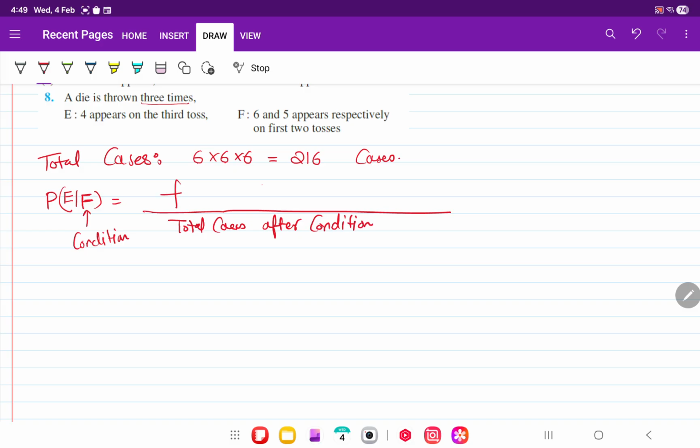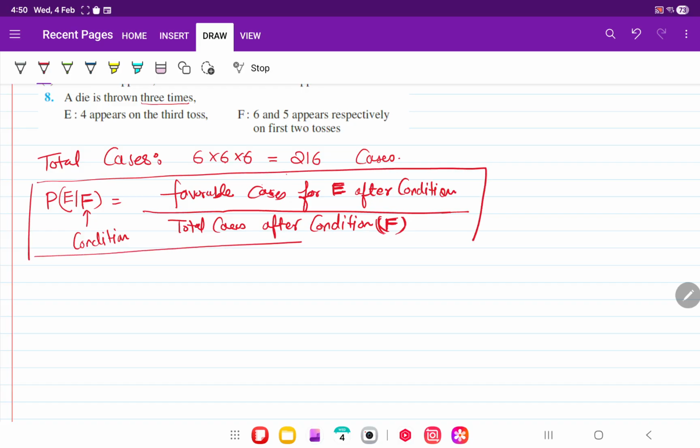And E is the favorable cases after condition, favorable cases for E, because this is the E for which we are calculating the probability. Probability we are finding for E when F has happened. Always remember, F has happened, which is the denominator. So this is the formula I am trying to apply.